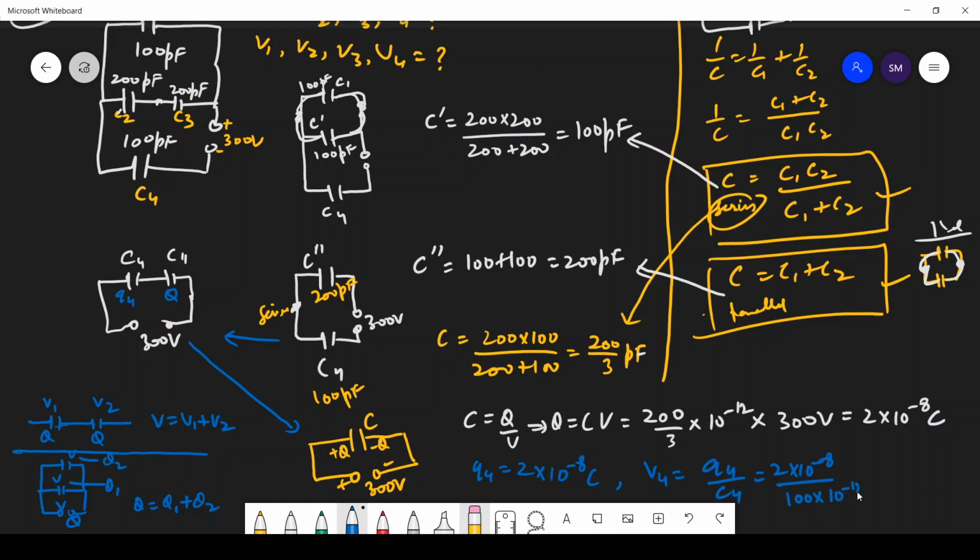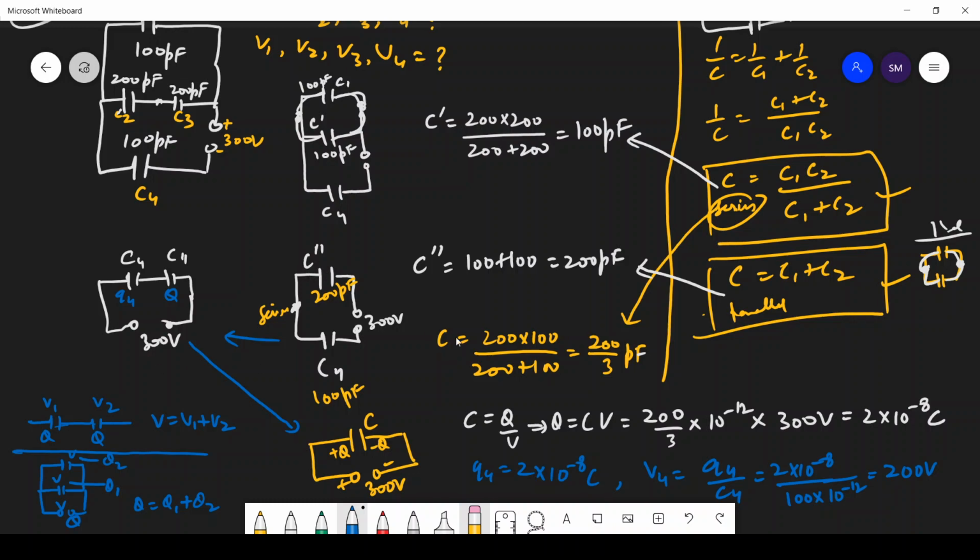Now in SI units, students, that comes out to be 200 volt. So now we have found Q4 and V4. Now we have reached this C double dash.